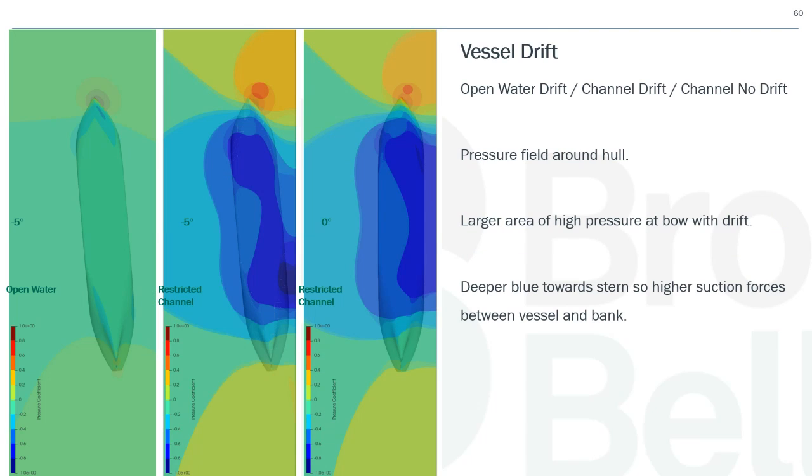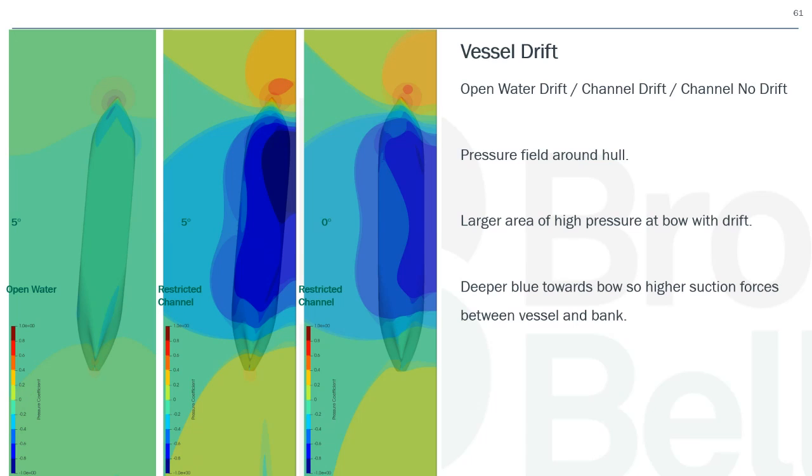And what that means for the pressure field, which is all important for forces, is just as we would expect. You have this massive intensification of pressure field. So you get much deeper blues, and you've got a much larger region of red at the bow on the port side there.